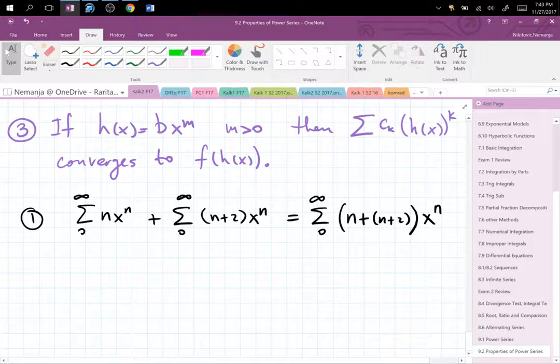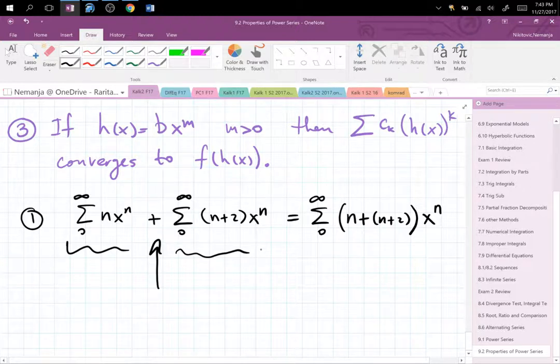Now you might ask yourself, why does this work? Well, remember what this stuff is. This is simply a whole bunch of terms that are added to another sum of a bunch of terms.